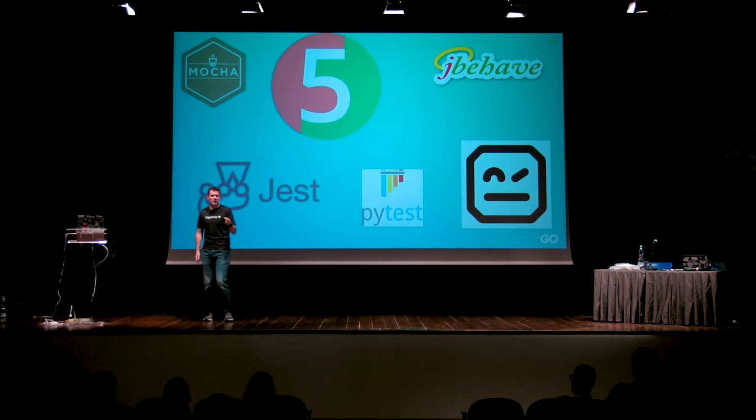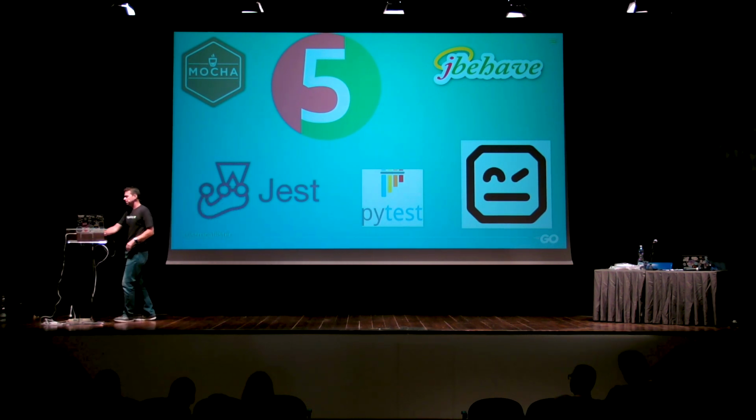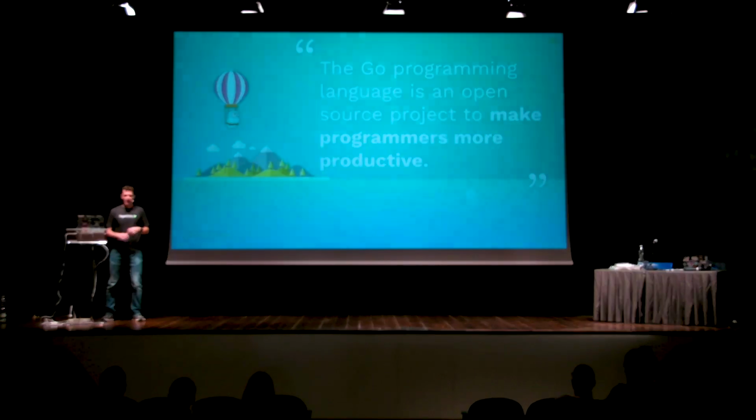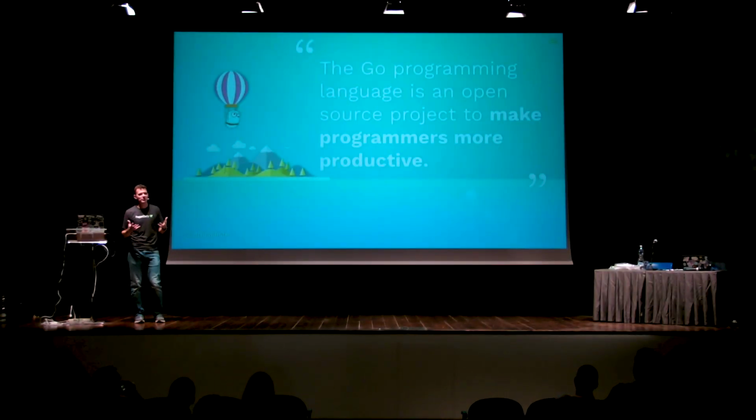But this is what got me on my journey to see what I needed to learn, what happened in the Go world as far as testing goes. Because with Go, as many of you know, it was built by Google for our benefit as developers, to be more productive, to be faster, to get things done quicker so we could write better and bigger things.